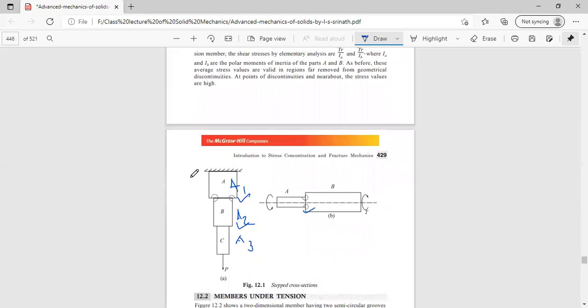So the stress here is P divided by the cross section A1, P divided by the cross section A2 in the portion B, and here P divided by A3.